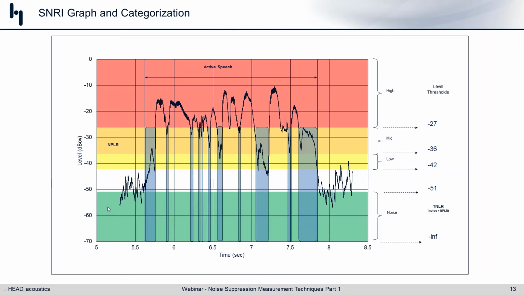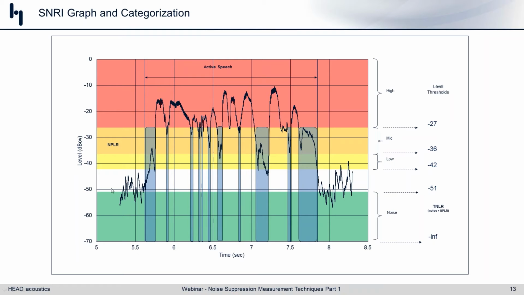What we're looking at is, first of all, a level versus time analysis of an utterance in noise. And the first thing we do is we locate the active speech. So you can see that we've already zeroed in and said between just about 5.6 seconds to about 7.8 seconds, we've located an active speech portion.